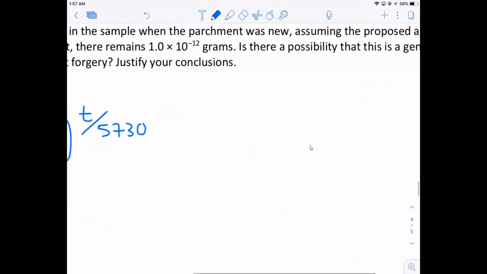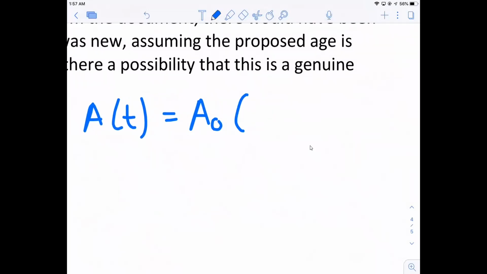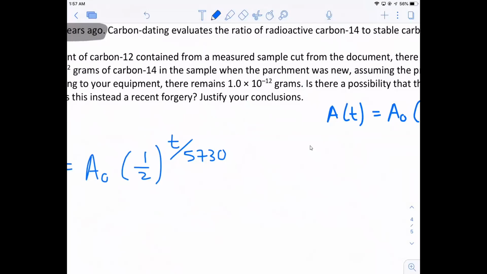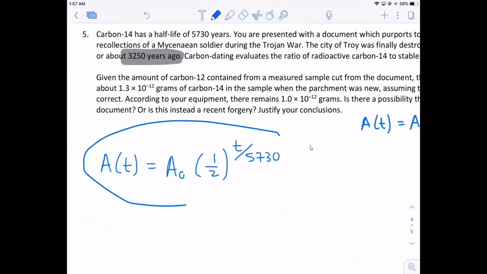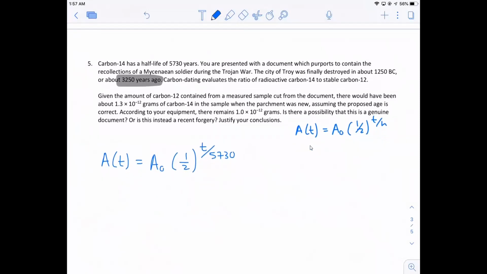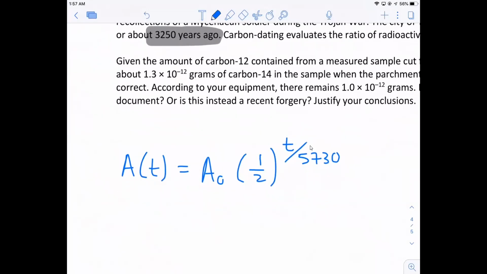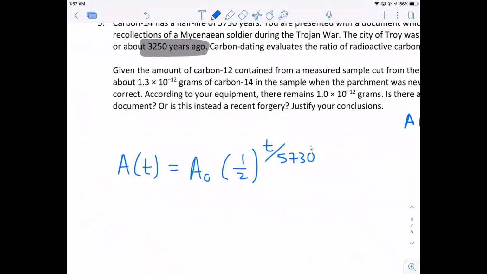All right, so that's the way to think about it in case you forgot the half-life formula. But if you want the half-life formula, here it is: A of t equals the initial amount times 1/2 to the t/h. Pretty simple. You don't need to memorize that because I just figured it out like this. So there would have been 1.3 times 10 to the negative 12 grams of carbon when the sample was new.